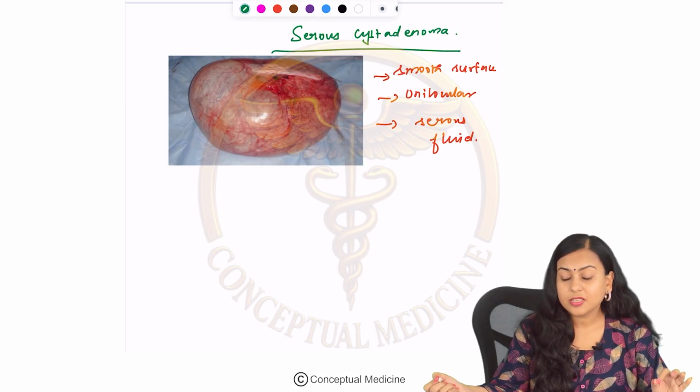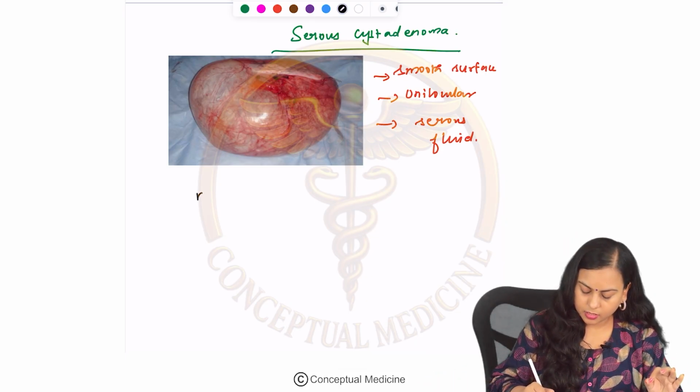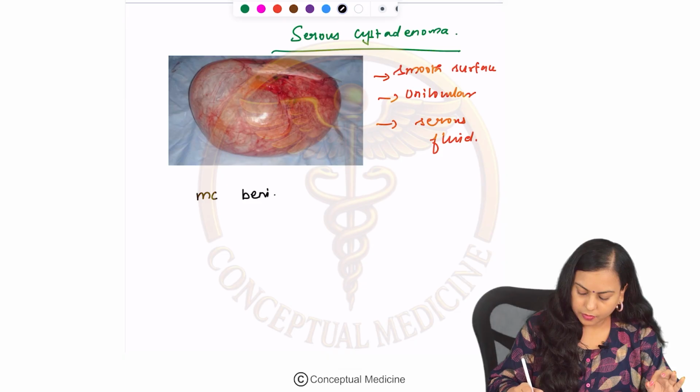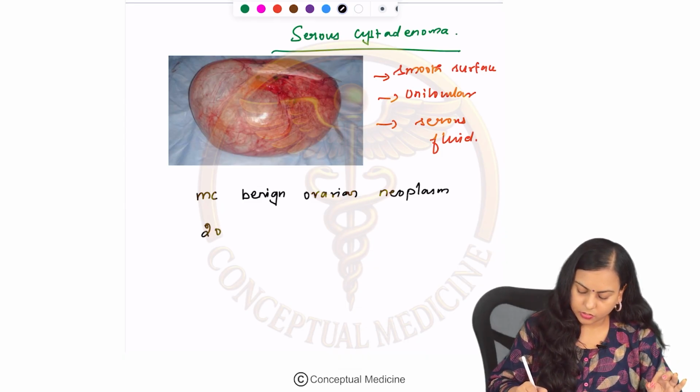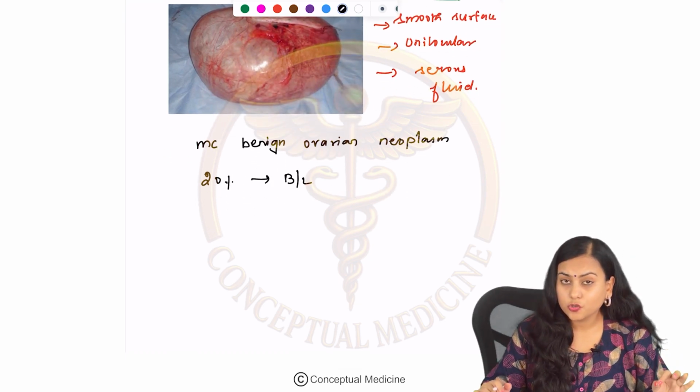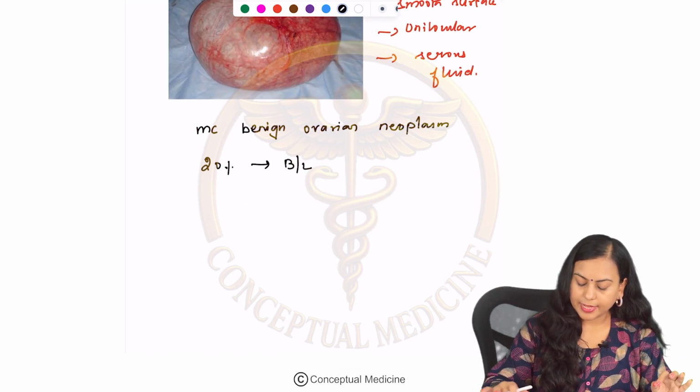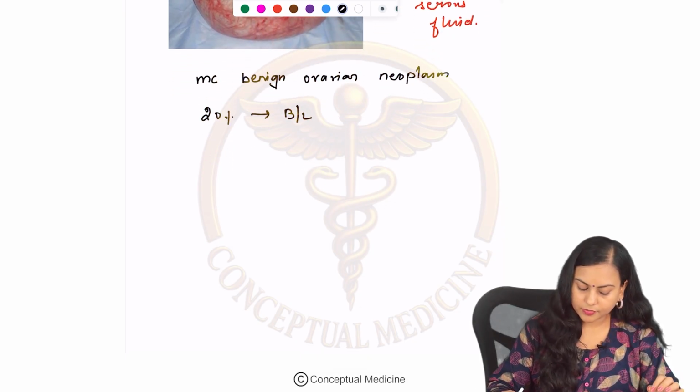Okay, a serous cystadenoma is the most common type of benign ovarian neoplasm. This is bilateral in 20% of the cases. The size is usually moderate, and I have explained already the gross features.